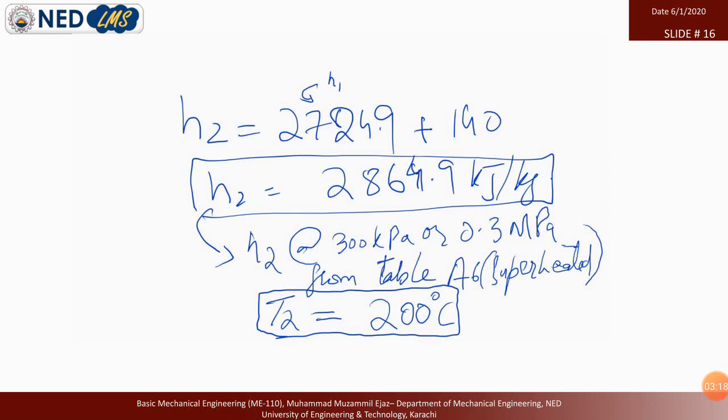The Rankine cycle is very lengthy, so I just cover the basic introduction here, how it is utilized in the power generation sector. We are not doing its numerical because it is very lengthy. So the course content only shows cycles.